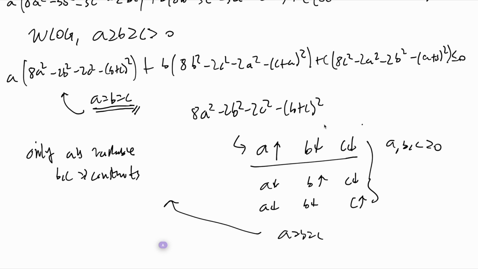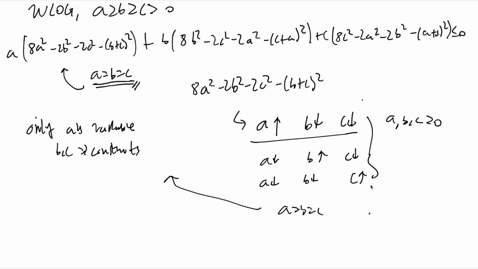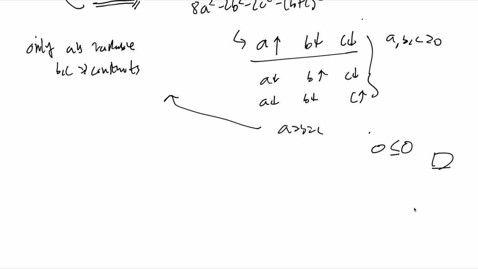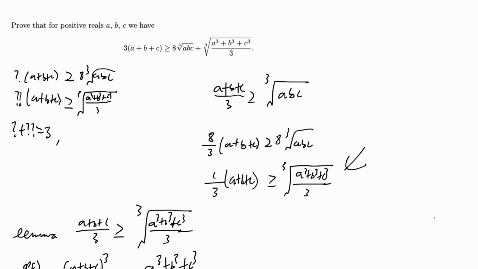We just consider b and c as constants, and we know that these constants can always change, so we are actually counting every single case. That's why the maximum value will be resulted when a equals b equals c. So when a equals b equals c, we get 0, 0, 0. Thus 0 is less than or equal to 0. Thus we prove our lemma, and our whole thing is proven.